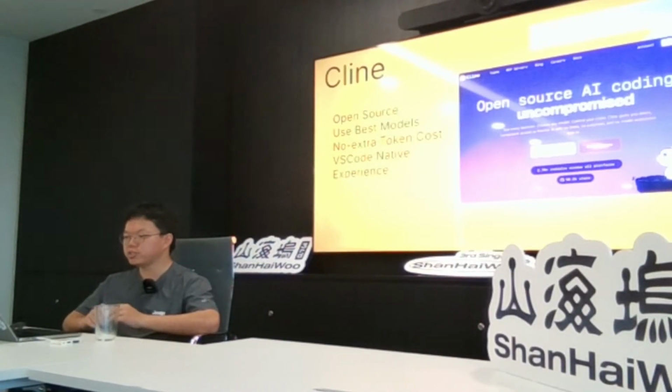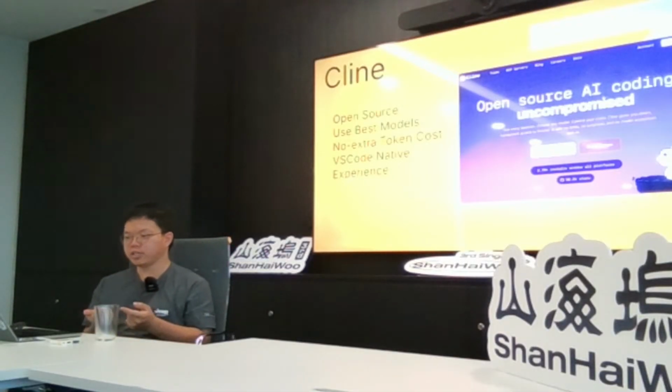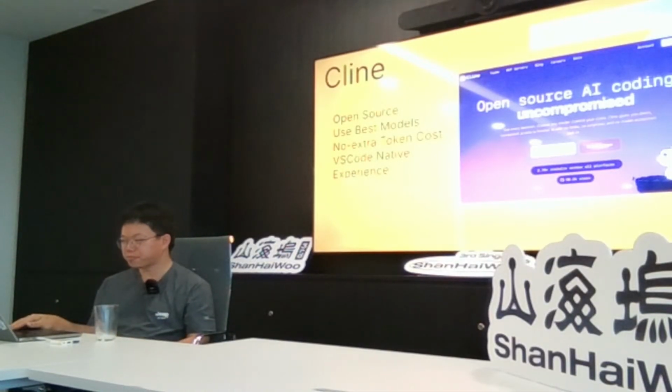And you can always use the best model with the best reasoning capability. Also, since Cline is just a VS Code plugin, you can use all the features from VS Code. So this is good for the seasoned VS Code user.